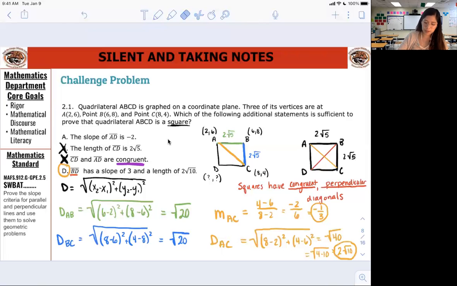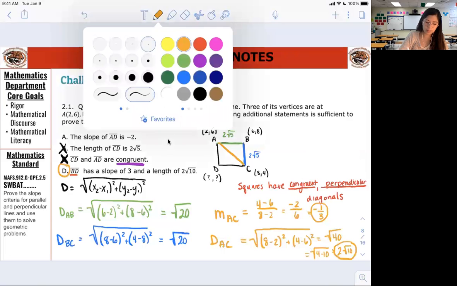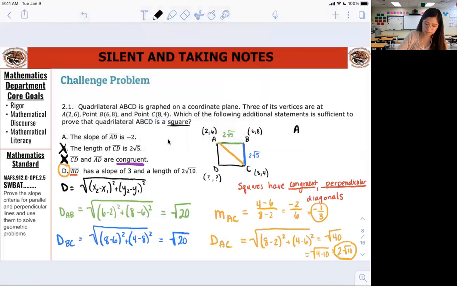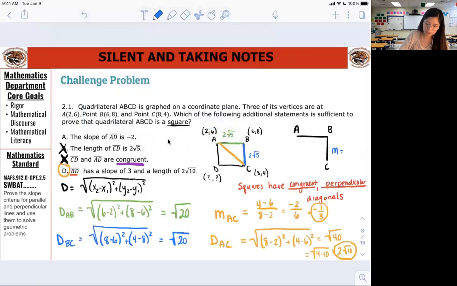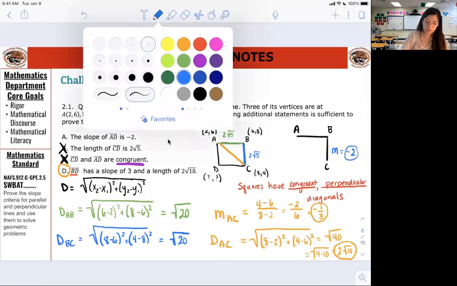Let's just look quickly at A, just to double check. So A is telling me, what if I had A, B, and C, just like before, and then what if the slope of AD is -2? Well, the slope of this one, which we didn't do, but I'll tell you now, is -2.